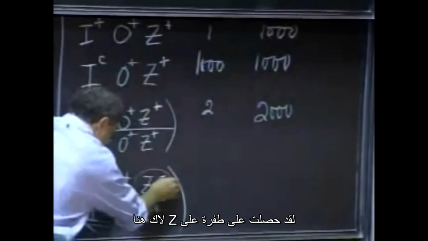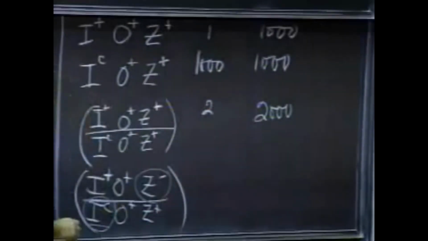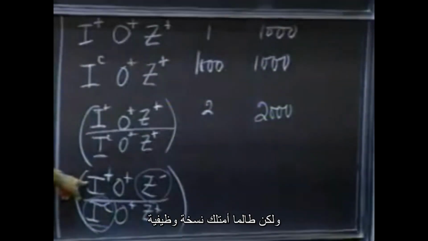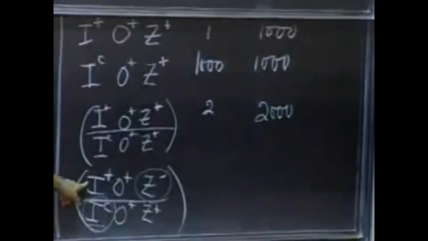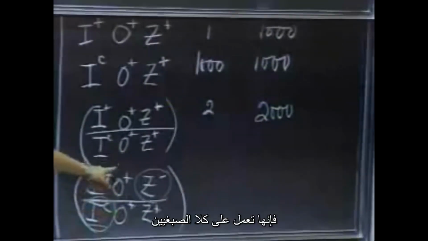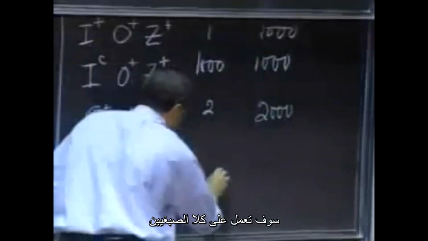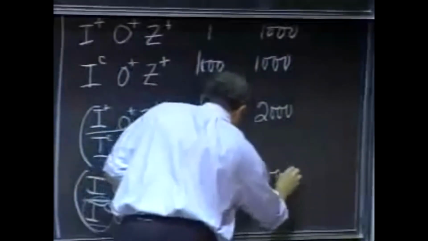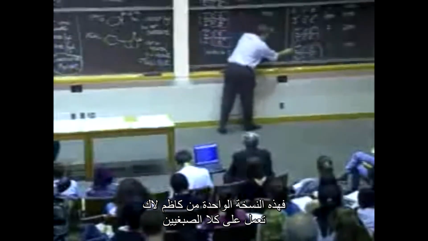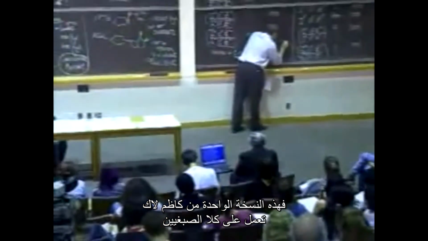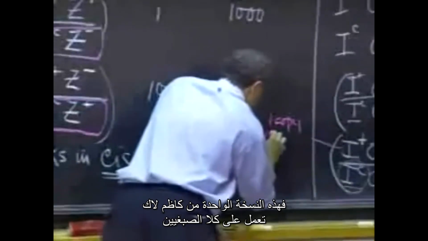I've got a mutation in Lac Z here. But as long as I have one functional copy of the Lac repressor, it works on both chromosomes. So, in other words, this Lac repressor, one copy, works on both chromosomes.